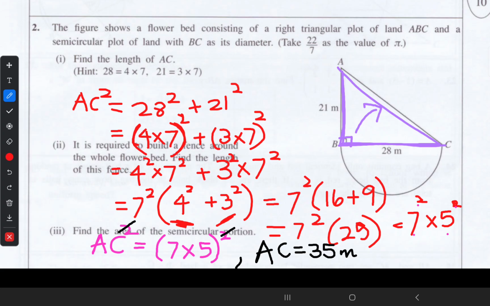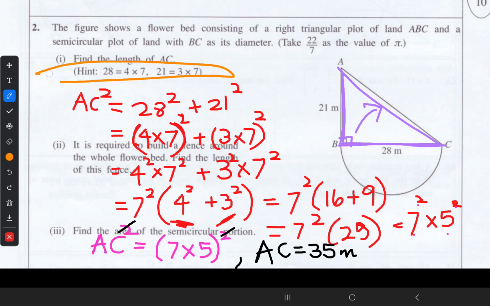There are some other methods also, but in that case you have to do so much work. That's why there is a hint here to do your question in this manner by using Pythagoras theorem. Hypotenuse square equals the two adjacent sides' squares. So AC square equals 28 square plus 21 square.